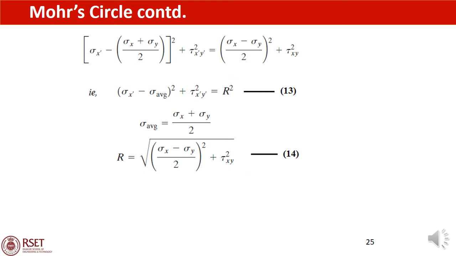The above equation can be written in the form as (sigma x dash minus sigma average) the whole square plus tau x dash y dash square is equal to R square, which is called equation 13. Here sigma average is equal to (sigma x plus sigma y) by 2 and R is equal to square root of ((sigma x minus sigma y) by 2) the whole square plus tau xy square.